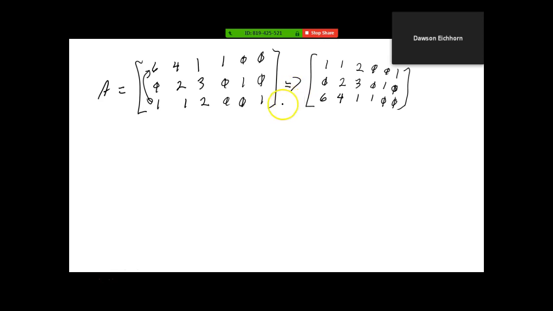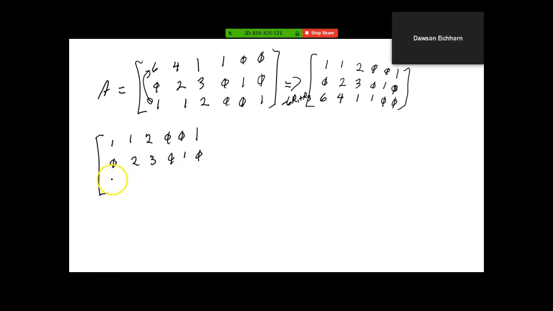Negative 6 times row 1 plus row 3. Got it. Okay. So that next matrix will be, row 1 stays the same, 1, 1, 2, 0, 0, 1, 0, 2, 3, 0, 1, 0.